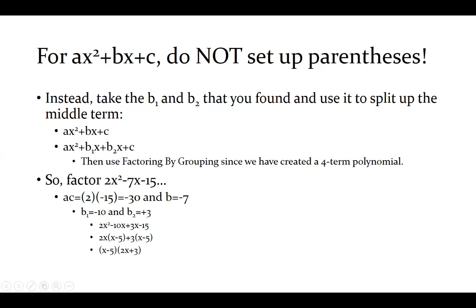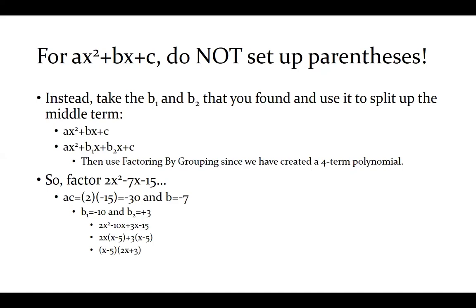And if one or both of the numbers is negative, then we have minus there. Then we use factoring by grouping since we have created a 4-term polynomial. And the way we created it, making sure that it multiplied to a times c, it's a sure thing that we are able to factor it by grouping.